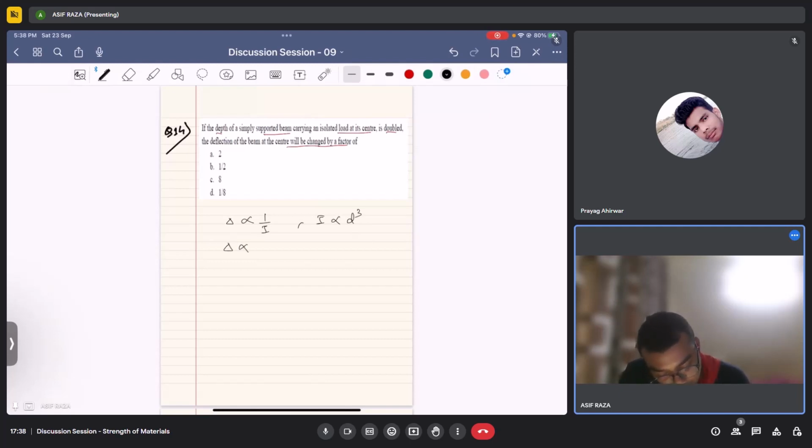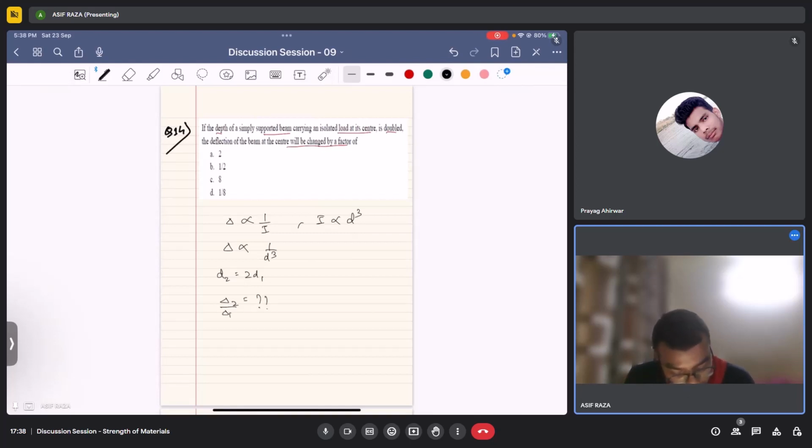Thus deflection is inversely proportional to d cube. Since our depth is doubled, or if I write d2 is twice of d1, we need to find what is delta 2 by delta 1, right?